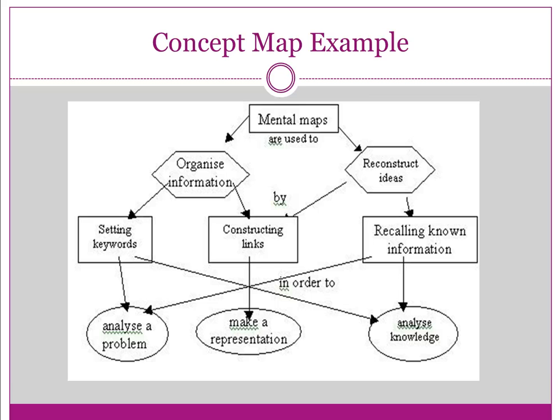It can be also analyze a problem. But if you go down the other side, mental maps are used to organize information by constructing links in order to make a representation. But if you keep going, if you go back to organize information, they are setting keywords and they analyze a problem, but setting keywords also to analyze knowledge.